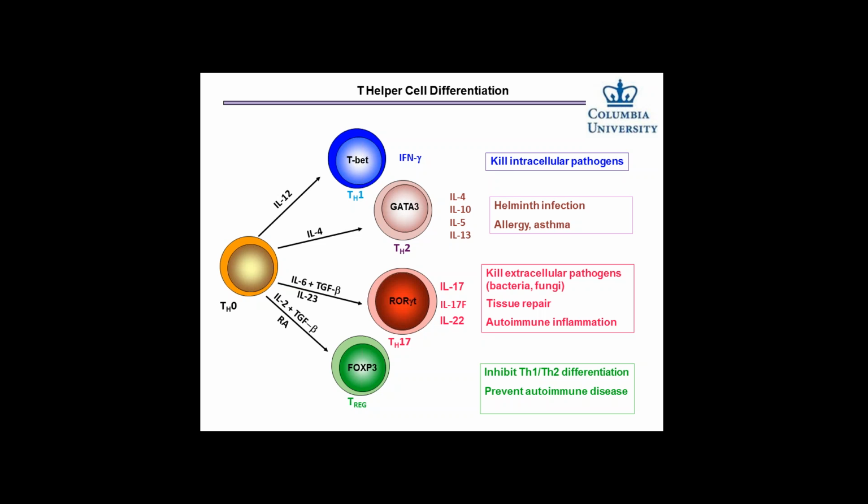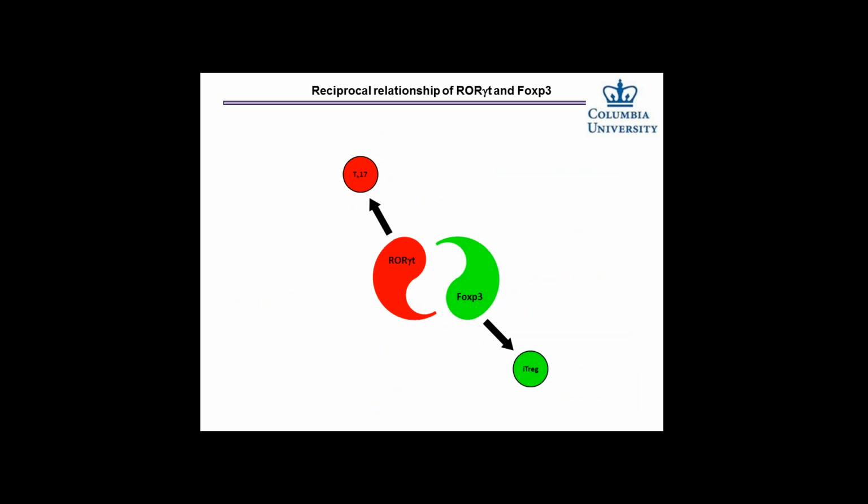Of course, dysregulation of these two cell types can lead to disease. Uncontrollable expansion of Th17 cells leads to autoimmune inflammation, and of course, lack of regulatory T cells will also lead to autoimmunity. It's important to keep in mind that these two cell types share a common developmental pathway, but they have a separation of function. There's a yin and yang, a balance between the two.